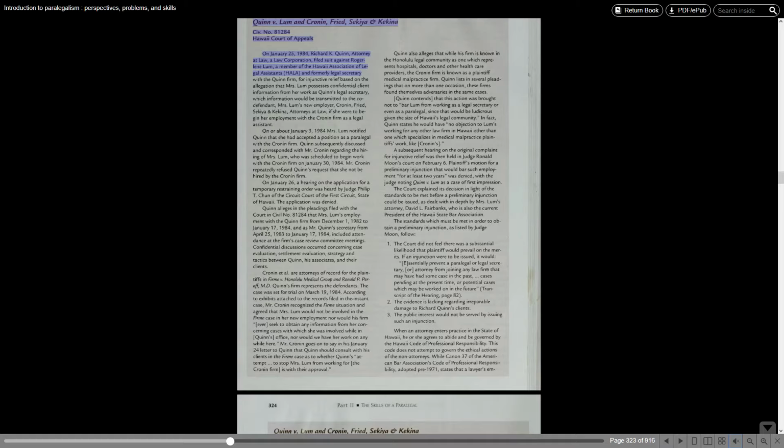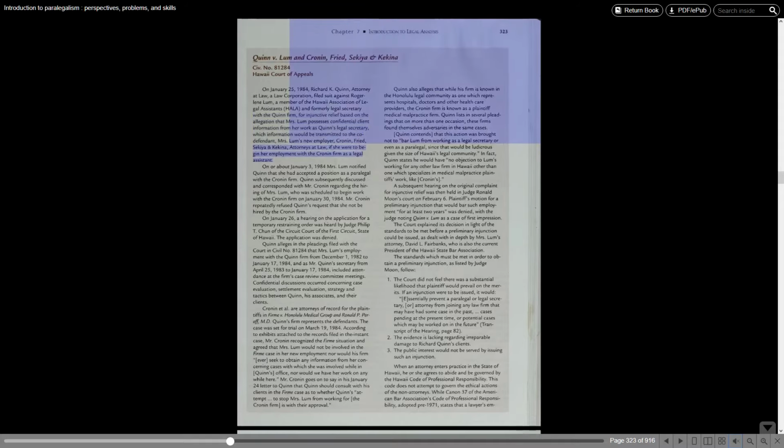On January 25, 1984, Richard K. Quinn, attorney at law, a law corporation, filed suit against Roger Lean Lum, a member of the Hawaii Association of Legal Assistants (HALA), and formerly legal secretary with the Quinn firm, for injunctive relief based on the allegation that Mrs. Lum possesses confidential client information from her work as Quinn's legal secretary, which information would be transmitted to the co-defendant Mrs. Lum's new employer, Cronin, Fried, Sekiya & Kekina, attorneys at law, if she were to begin her employment with the Cronin firm as a legal assistant.